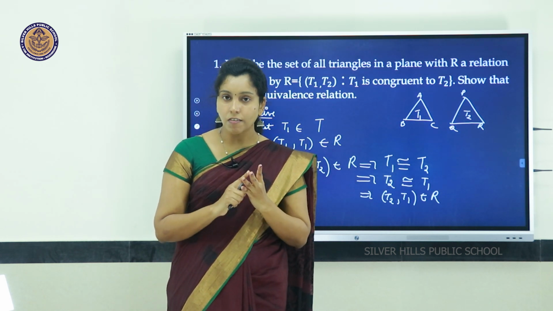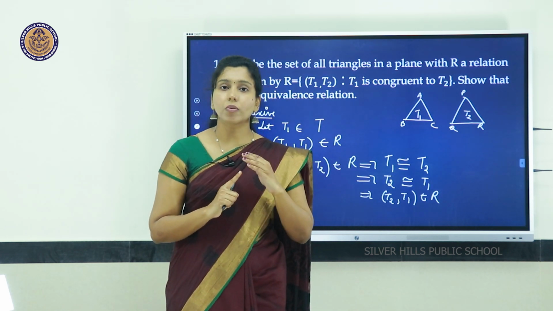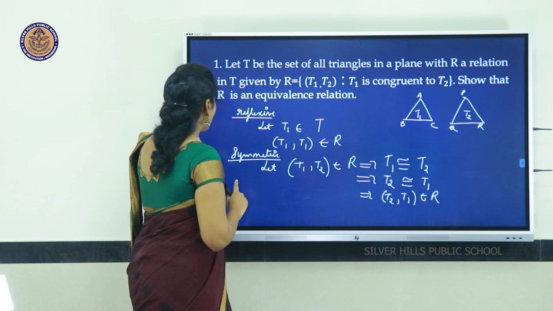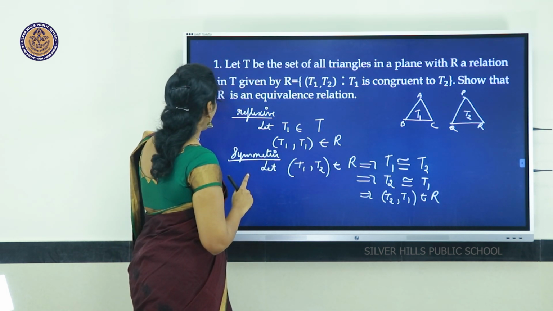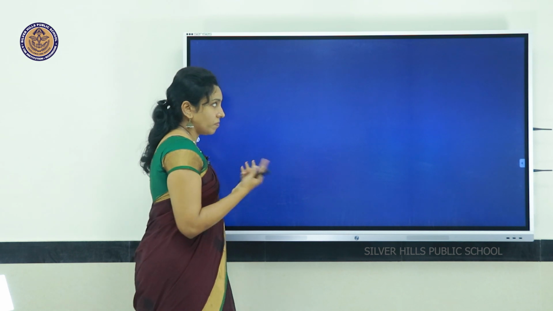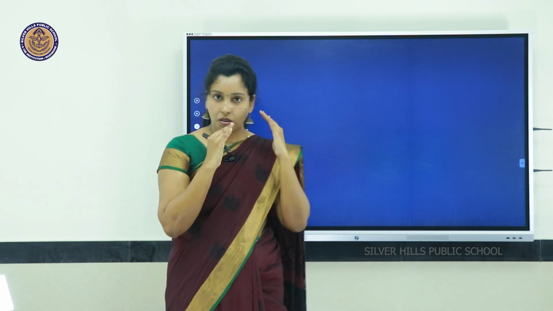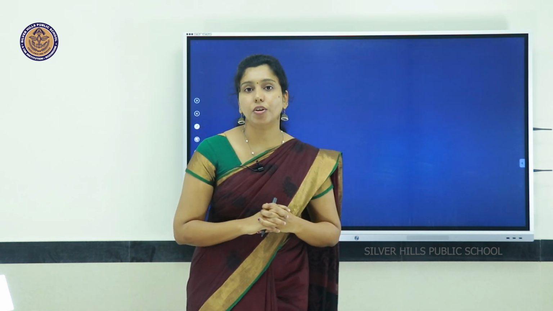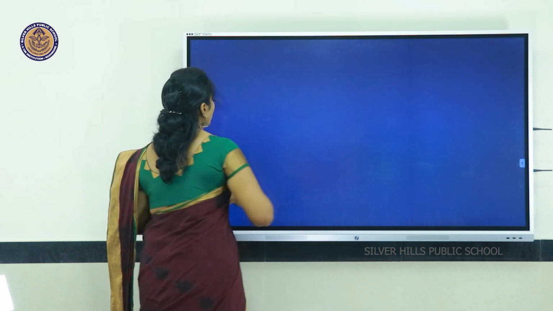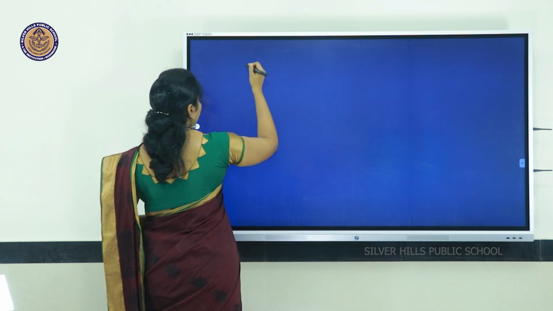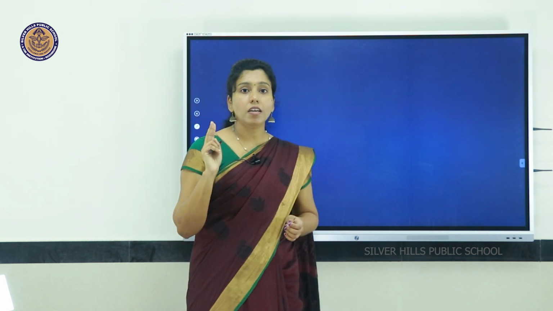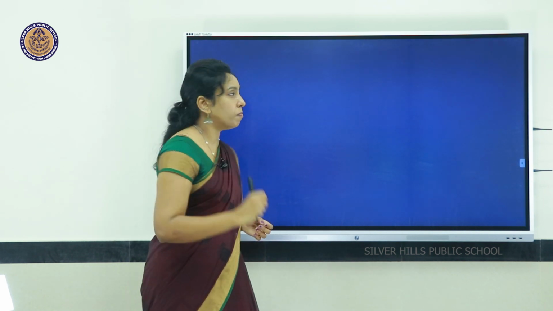It is reflexive, it is symmetric. So, we need to prove the transitive condition so that the entire relation becomes an equivalence relation. How to prove the transitive property? For that, we need to consider two pairs.